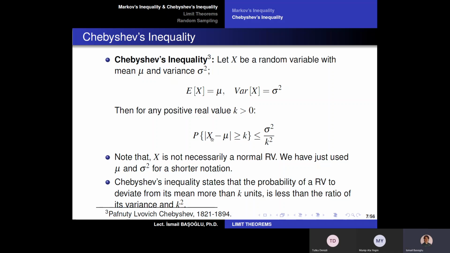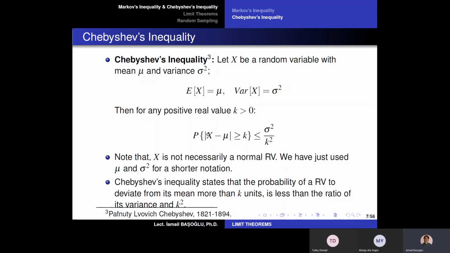What is x minus mu? It is the difference of the random variable's value from its average value. So x minus expected value of x means its deviation, right? And since we have an absolute value here, we call this difference the absolute deviation.